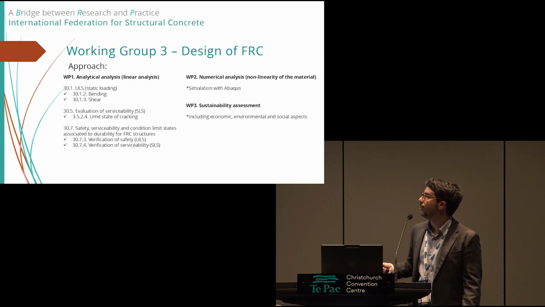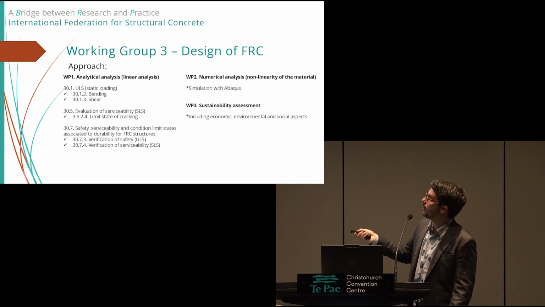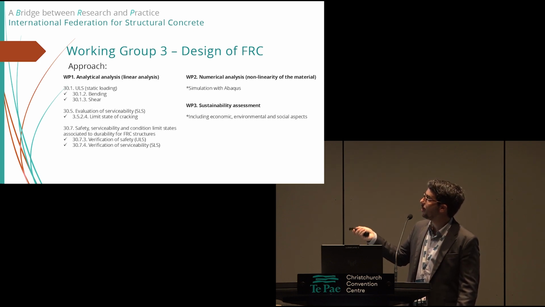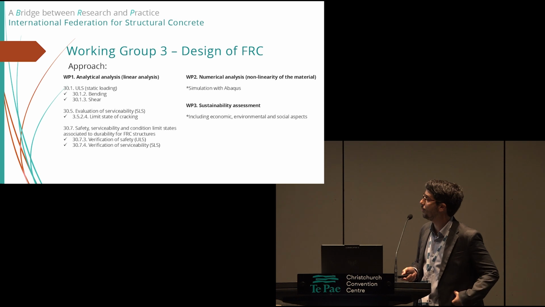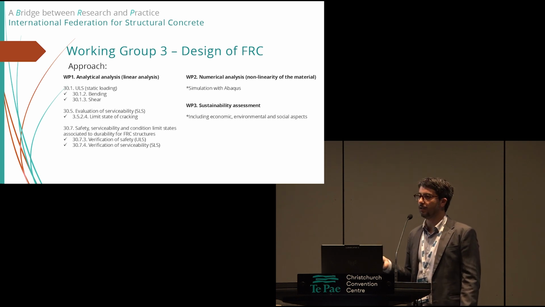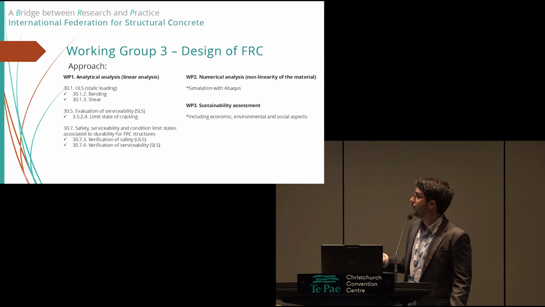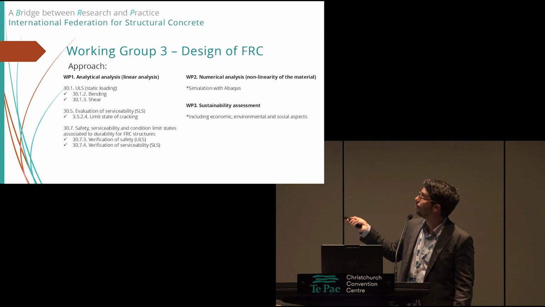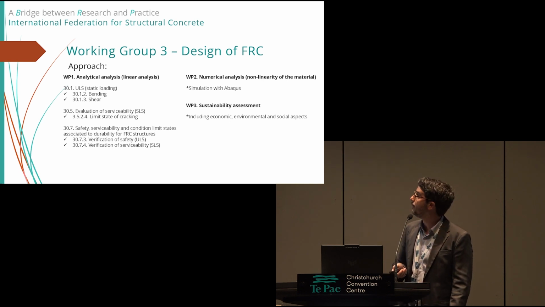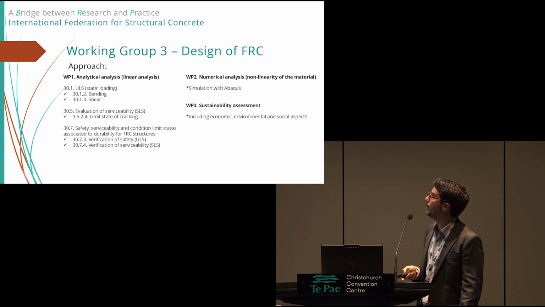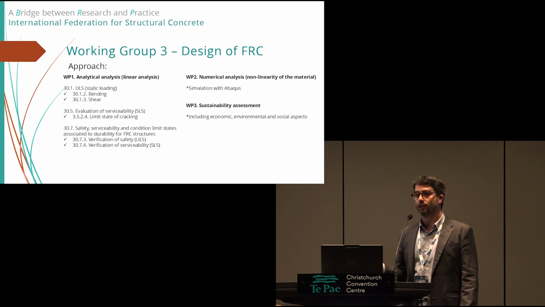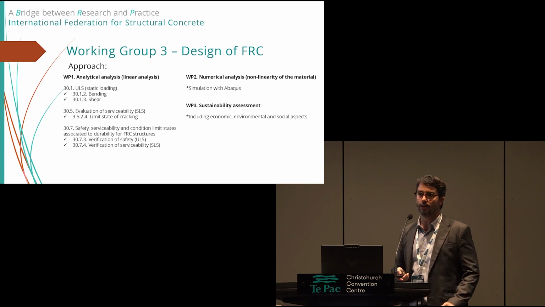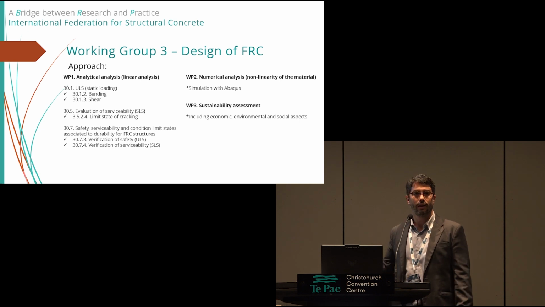The approach, what they are looking for, they are going through ULS, SLS, serviceability conditions and limit states associated with FRC structures, and also something that is going forward. It's not done yet, but they are going to go to numerical analysis as well, and sustainability assessment, which is really a new thing that you cannot find in any other code.